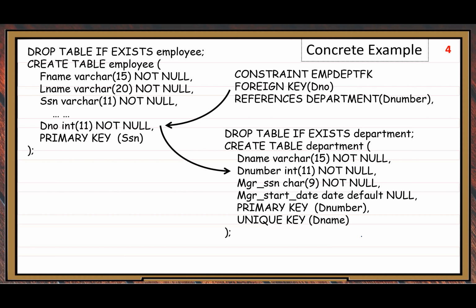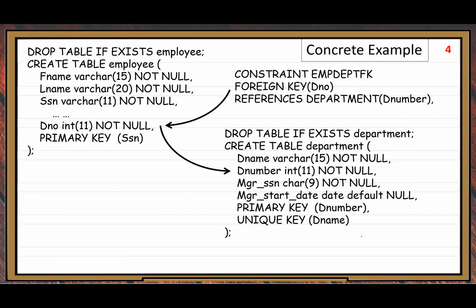Then the foreign key declaration, parenthesis, Dno. That is the referencing field. Then references the department table, parenthesis, D number. So you can see we just use a straightforward way to define a foreign key like this one.